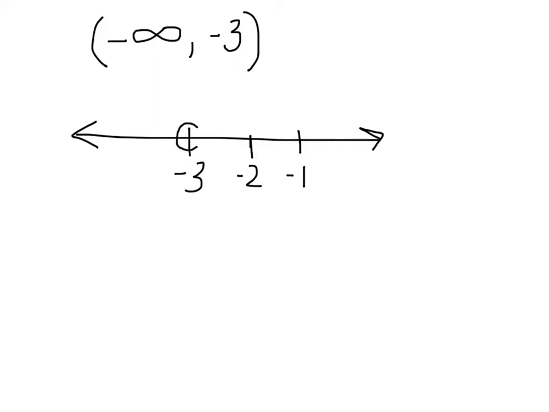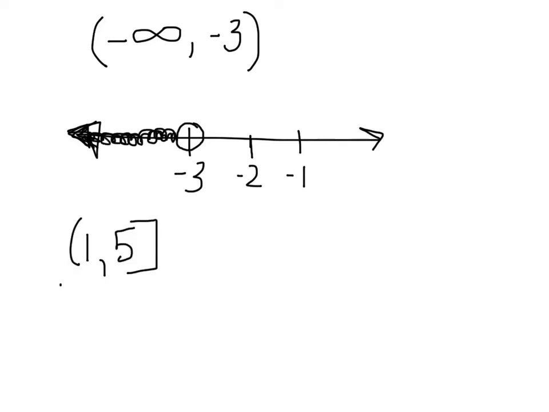Therefore, it has to be an open circle. And because we're going negative infinity, that means we shade to the left because your numbers get smaller. So it never ends to the left. So we would have an open circle on negative 3 and shade to the left.